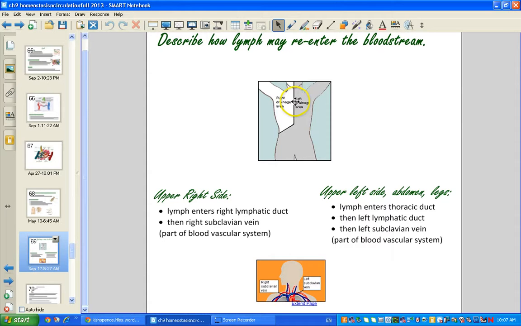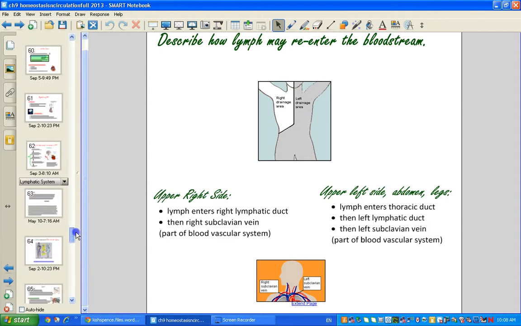The lower part of your body and your abdominal region, as well as your upper left side, all drain into the thoracic duct. The thoracic duct is a really big duct that you may have seen if you watched the video.